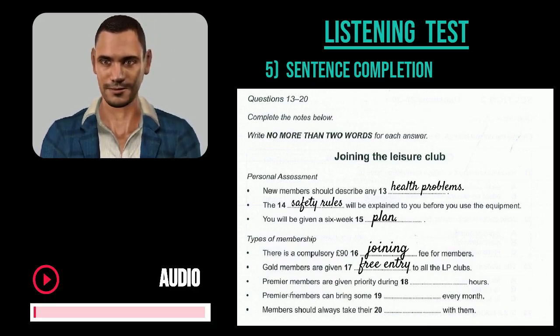Premier membership is for professional people whose work commitments make it difficult for them to use the club during the day. And so LP gives booking preferences to Premier members at peak times. This means you'll find it easier to book the sessions at times that suit you. Reciprocal arrangements with other LP clubs are available to Premier members.